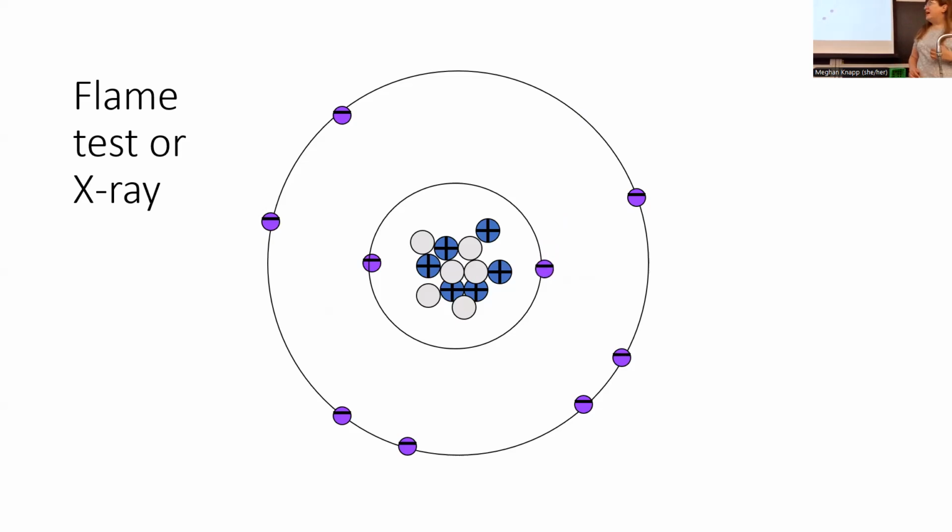As they do that, they're going to let off energy, but that energy is much less than the X-ray or the heat that expelled it in the first place. That energy is going to be in the visible light, and so we're going to see a color coming out as that electron goes down.